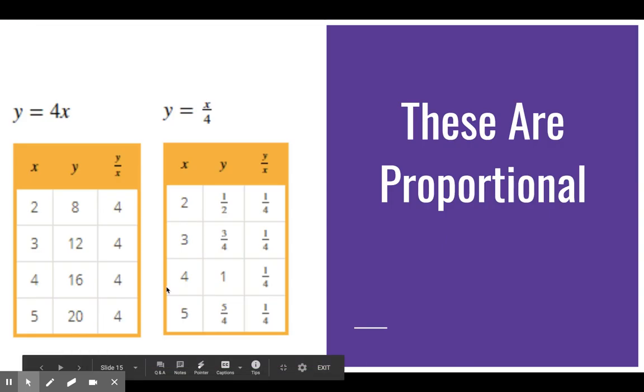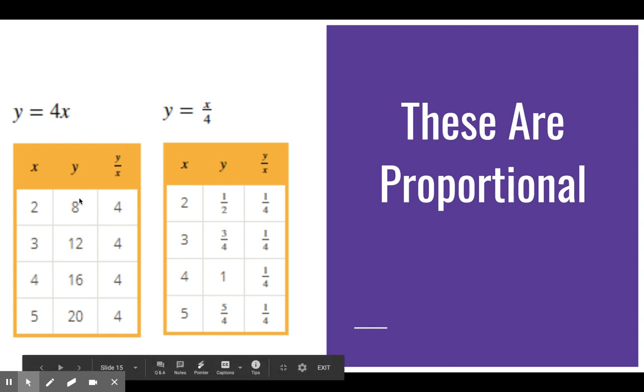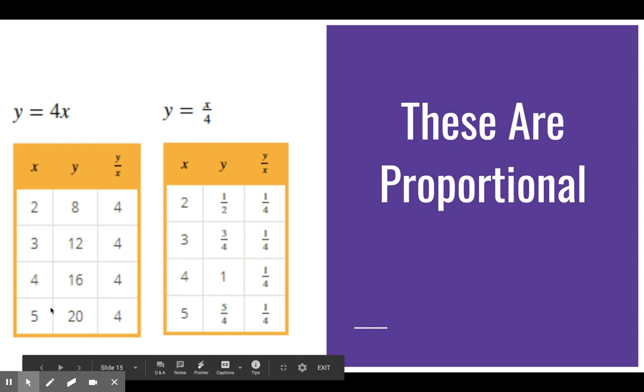So for instance, these two equations are proportional. In the first table, when I do the division, 8 divided by 2, 12 divided by 3, 16 divided by 4, 20 divided by 5, the quotient is 4. They're all consistent, they're all the same. These are proportional relationships.